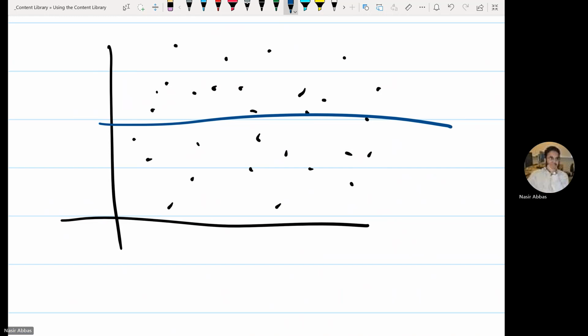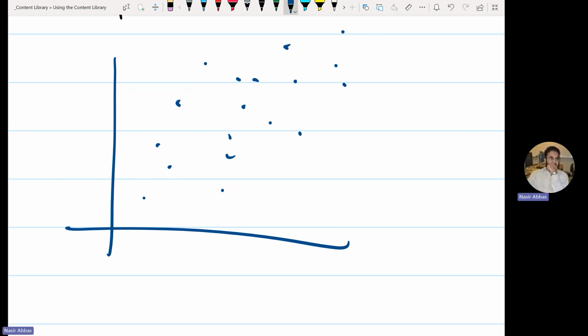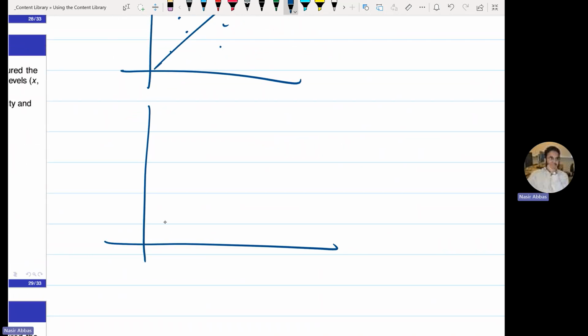Why is 0 specifically important? Because of this. If you have a relationship like this, the slope will be positive. Similarly, if you have a relationship like this, the slope will be positive.